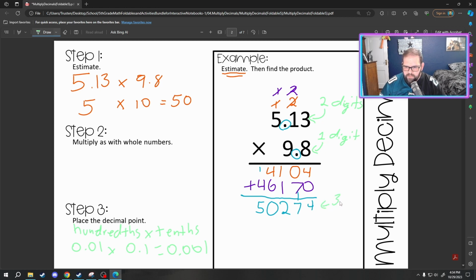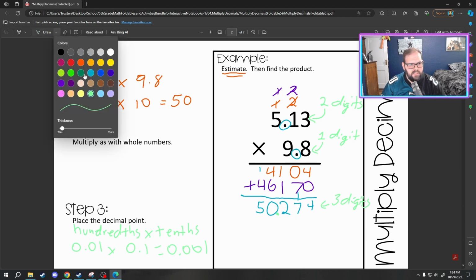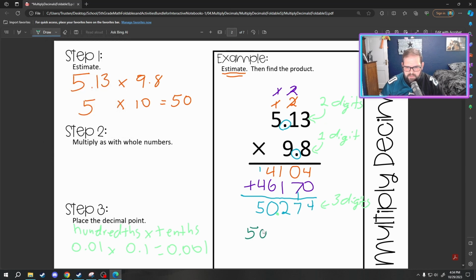So we have to have 3 digits. 1, 2, and 3. That is how we would place our decimals. We're going to do lots and lots of practice on this. So our total here is going to be 50 and 274 thousandths. That is going to be our end result.